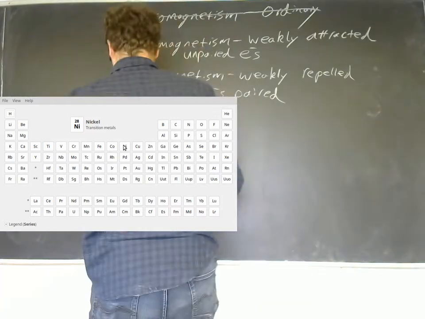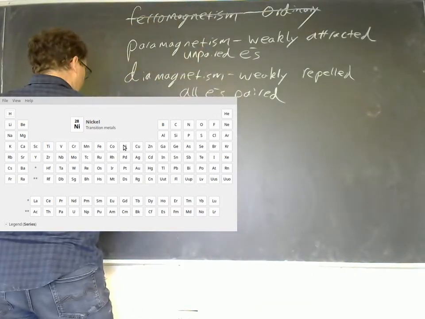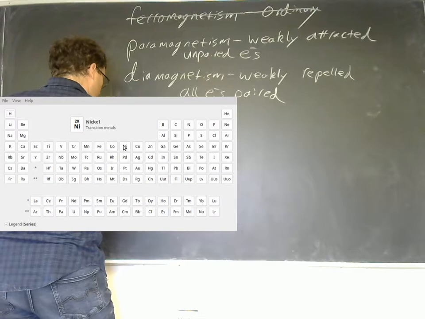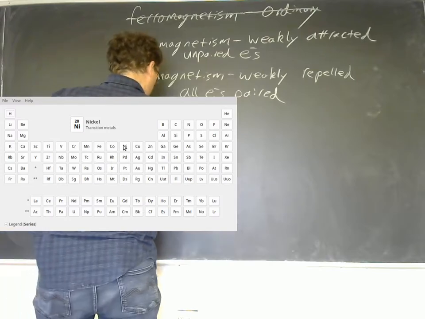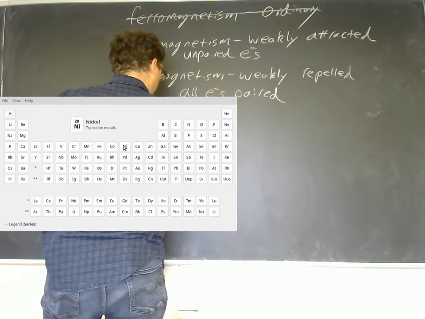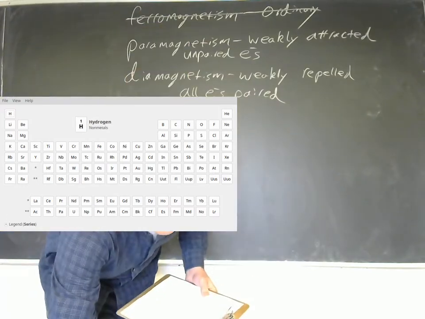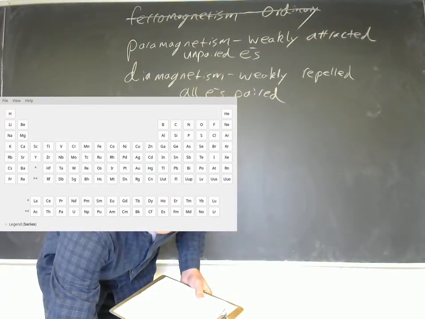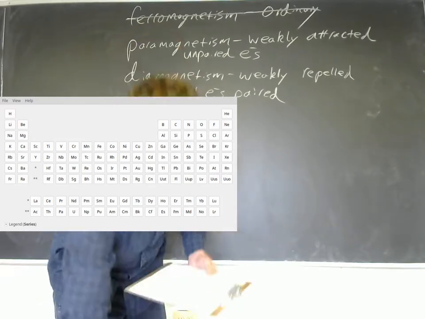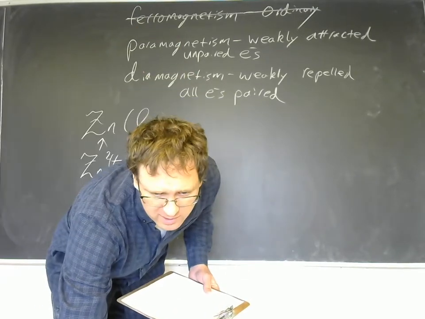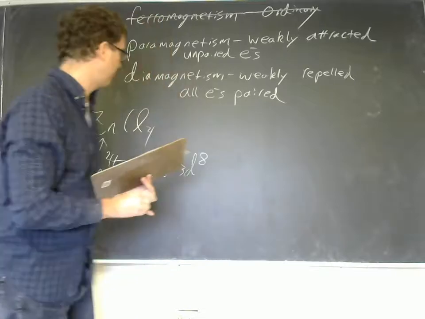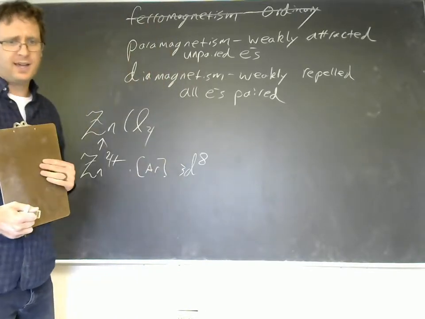So zinc ion's electronic configuration is argon 3d8. So we have 8 electrons to deal with. Oops, wrong one. Go away, periodic table. Okay, so 3d8 is the electronic configuration.